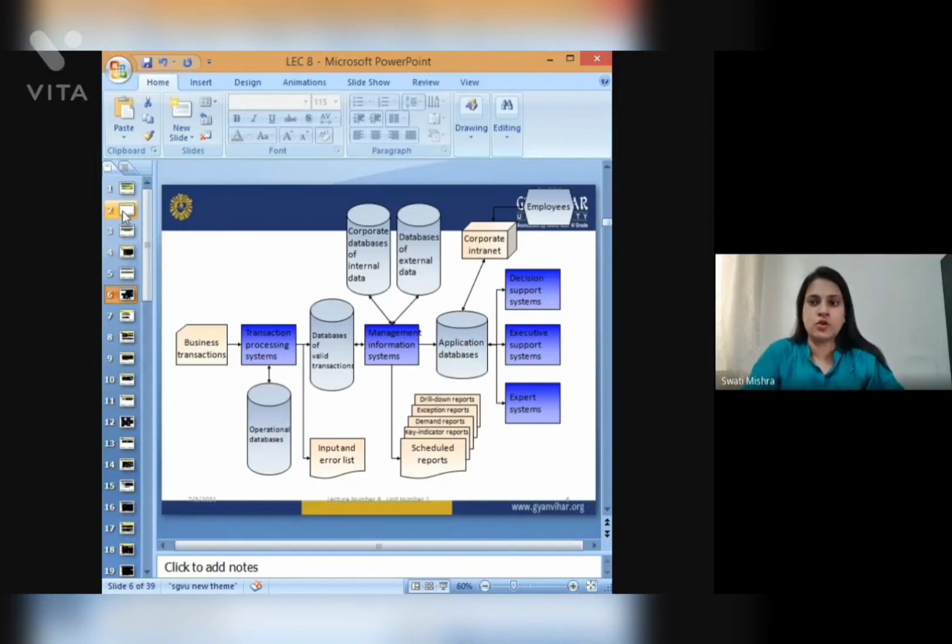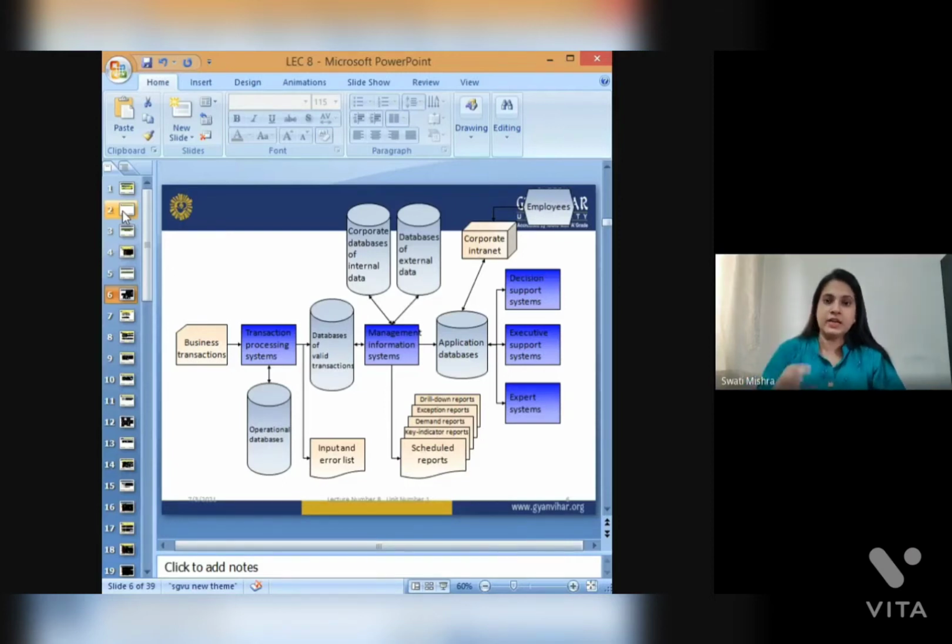The main source of data would of course be the business transactions and the operational databases, through which the daily information of the operations and of the business transactions are brought into the organization through a transaction processing system, and that reaches the database of valid transactions. If there is any error, that is sorted out and put into the error list.